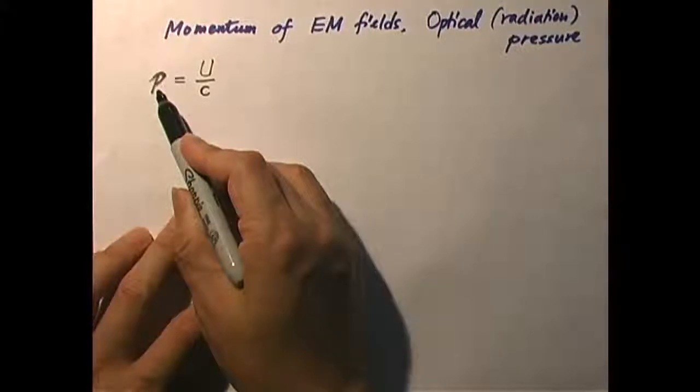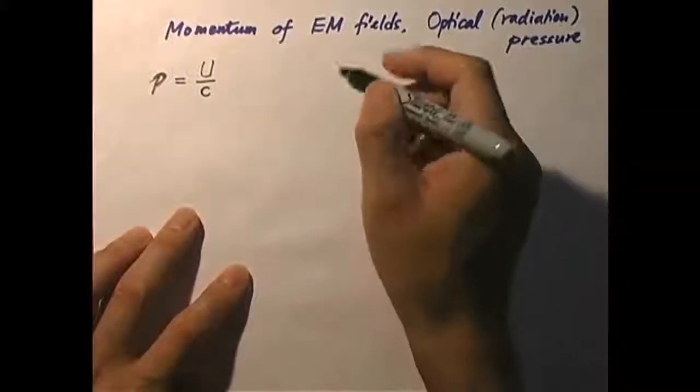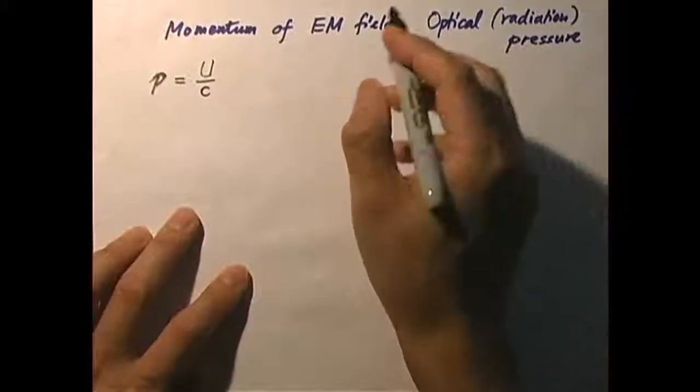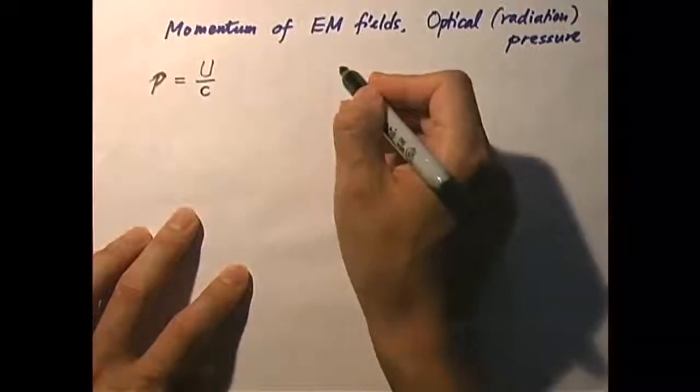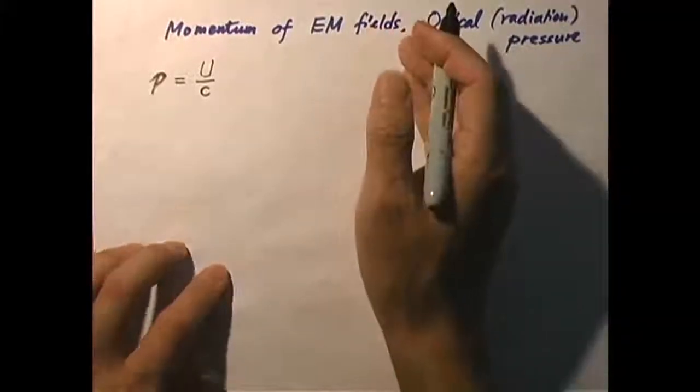But what we need to know is, usually we don't care about momentum, but rather when an electromagnetic wave or beam of light, for example, shines upon a surface, it carries momentum, right?